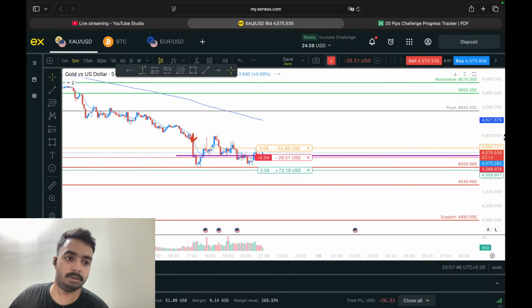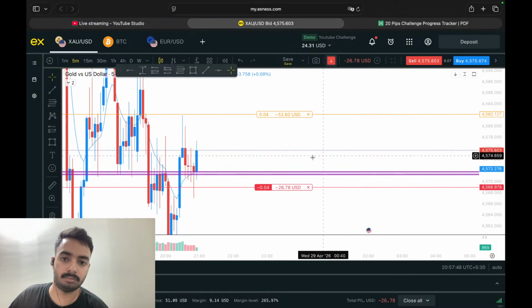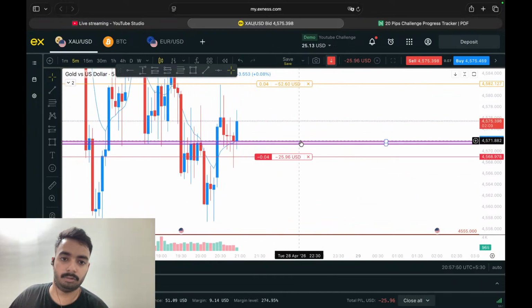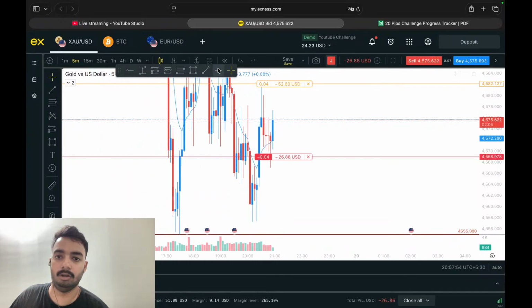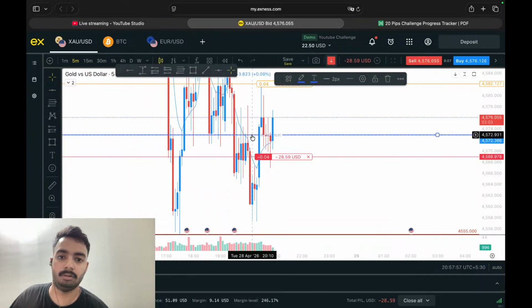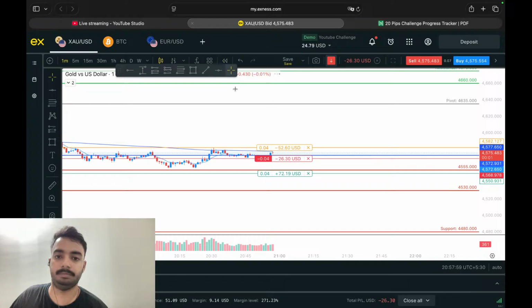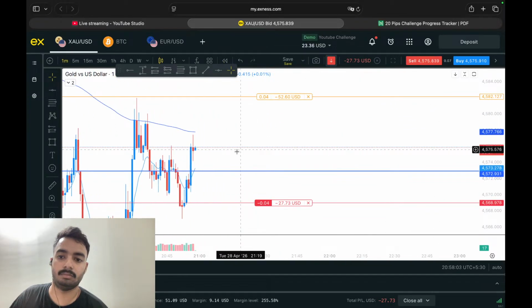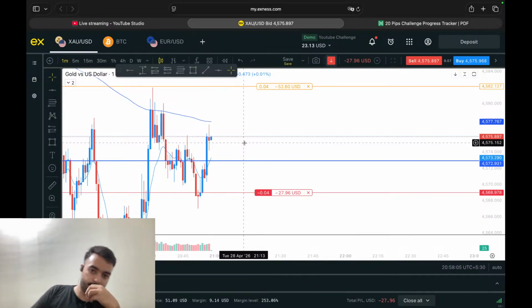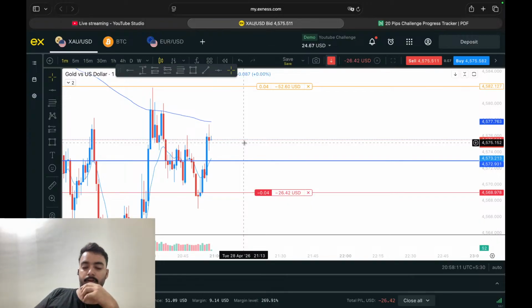Let me mark the key zones quickly. Let's remove this. I'll mark a line here. If we again get a breakdown of this blue line, we'll scale in to our position.